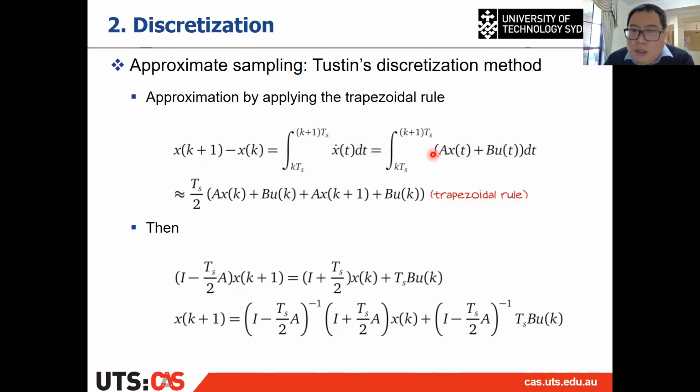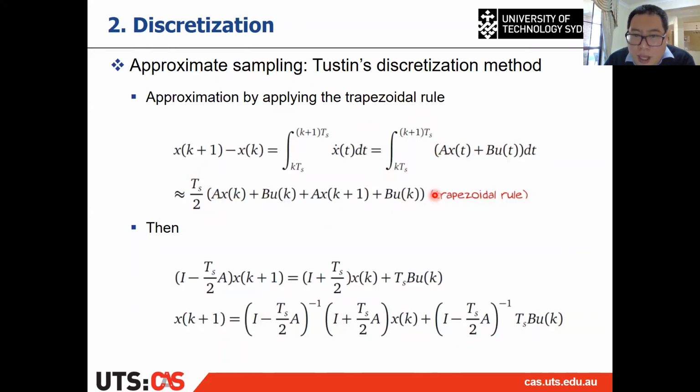So if we want to integrate this function from k to k plus 1, it is equal to half of the time interval, half of the area, the distance that you integrated, which is Ts divided by 2, times this equation evaluated at k and this equation evaluated at k plus 1.